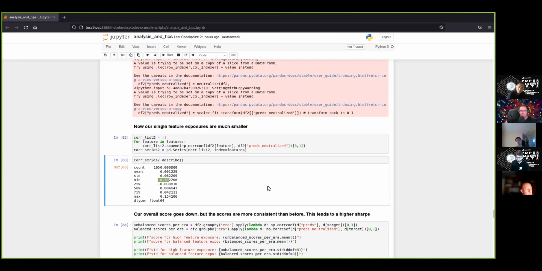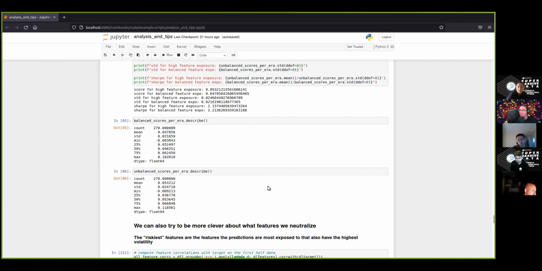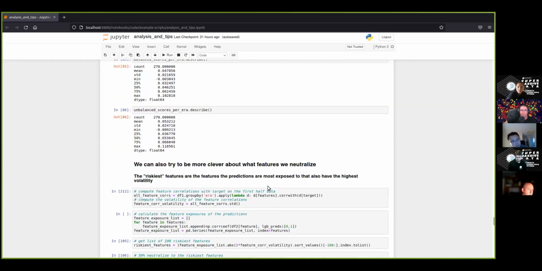So another thing you can do is try to be more clever about which features we neutralize. In Mike's example notebooks, he showed one way of potentially doing this, looking at how features change over split halves of the training set. Another way I came up with for finding the potentially riskiest features is looking at what features your predictions are most exposed to, and also which features have the highest volatility in the training set.